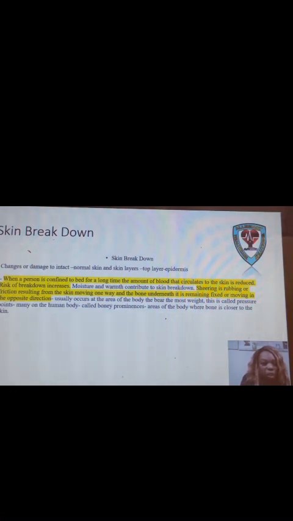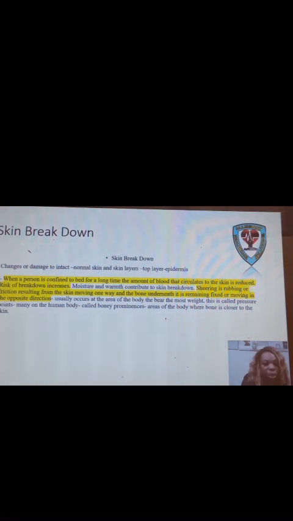Remember, shearing is rubbing or friction resulting from the skin moving in one way and the bone underneath the skin remaining stable or fixed or moving in the opposite direction. Skin breakdown usually occurs at the areas of the body that bear the most weight. These are called pressure points.